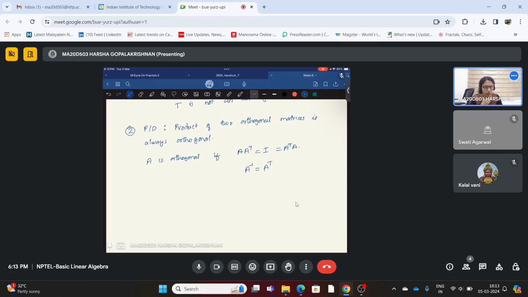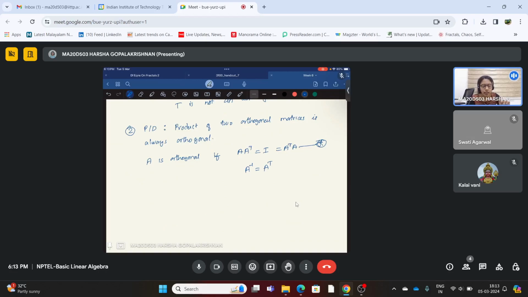Usually we write A into A inverse equals identity, which is the same as A inverse into A. So here instead of A inverse we have A transpose. That means A transpose acts as the inverse here. If this condition is satisfied, then we say A is orthogonal.